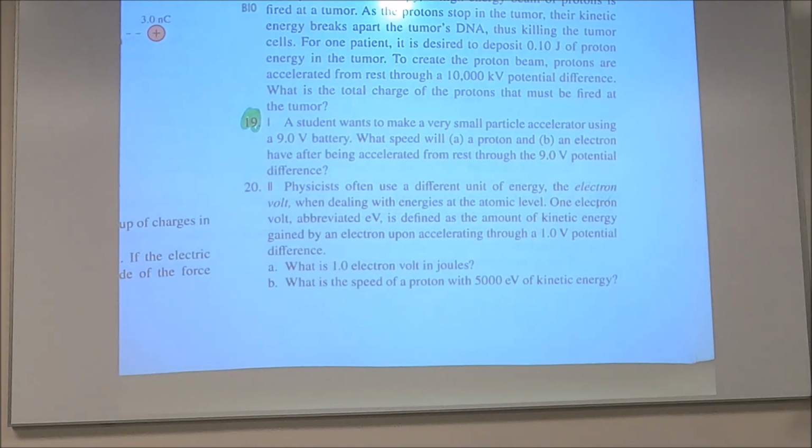What speed will a proton and an electron have after being accelerated from rest through a 9-volt potential difference?